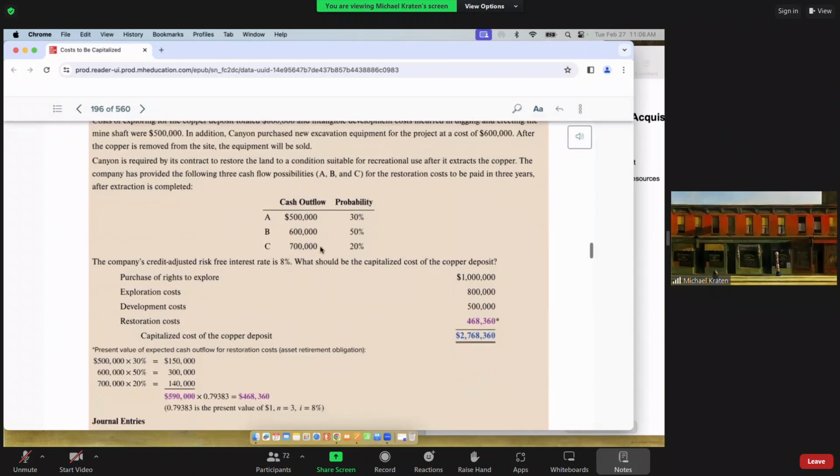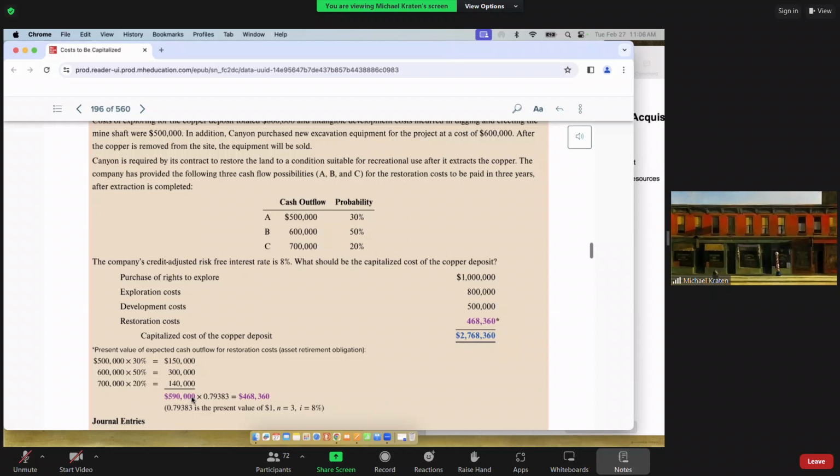You're just not sure which of the three. Then you don't have a single cost number to add to your cost list to be capitalized. You have a weighted average of the cost numbers, which is 590. Okay, that's the first ugly part of this.